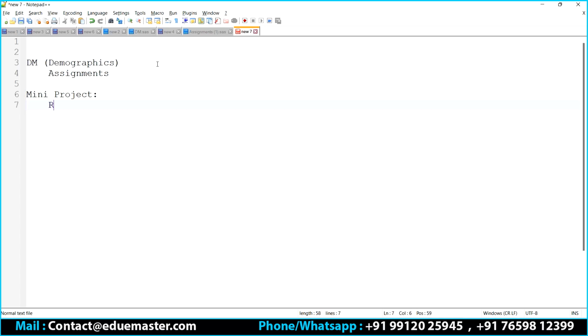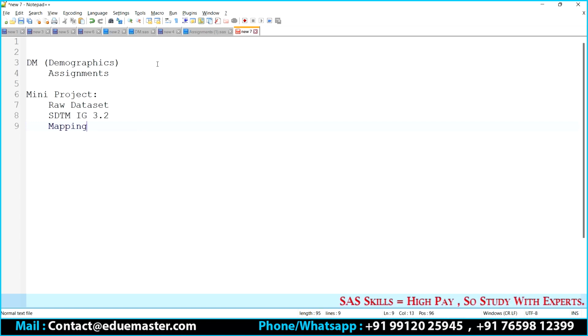I'm going to provide you the raw data set, and you already have your SDTM implementation guide with you. I think I have already shared that with you as well. Based on these two, I'm going to provide you the mapping Excel also.